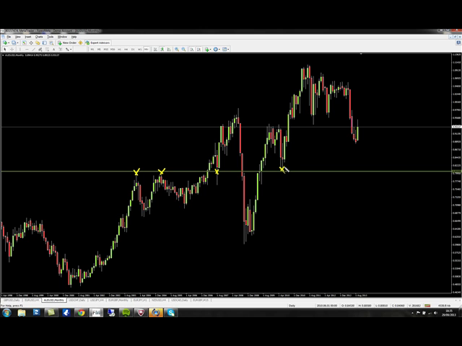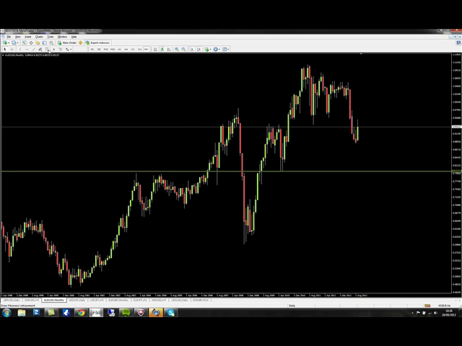This is not rocket science, guys. This stuff's quite easy once you get used to it. But you can see that level's very, very strong. It's also the 80, according to that horizontal line, that's around 80.50. So we've got that for a reason.